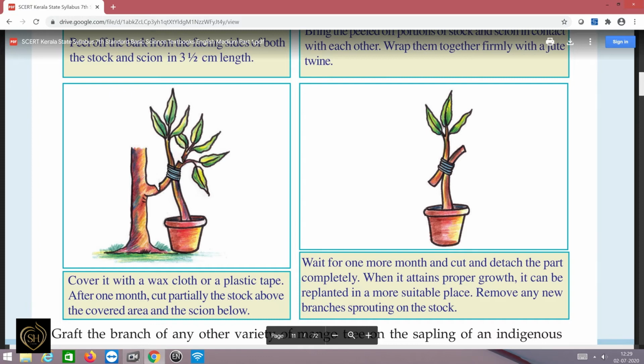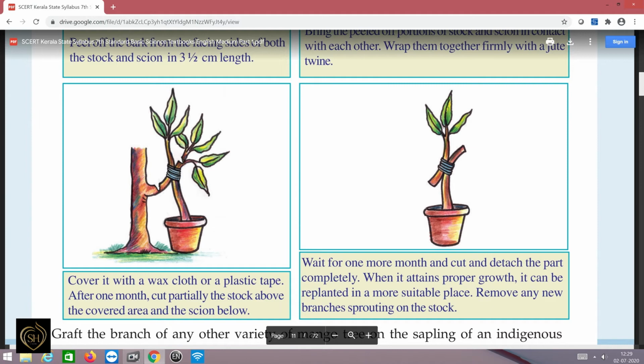Then only we will get superior quality plants. From the scion branch only, we will get superior quality mangoes or other fruits. So if any branches come from the stalk, you cut them off, and only the scion should be there on the stalk.